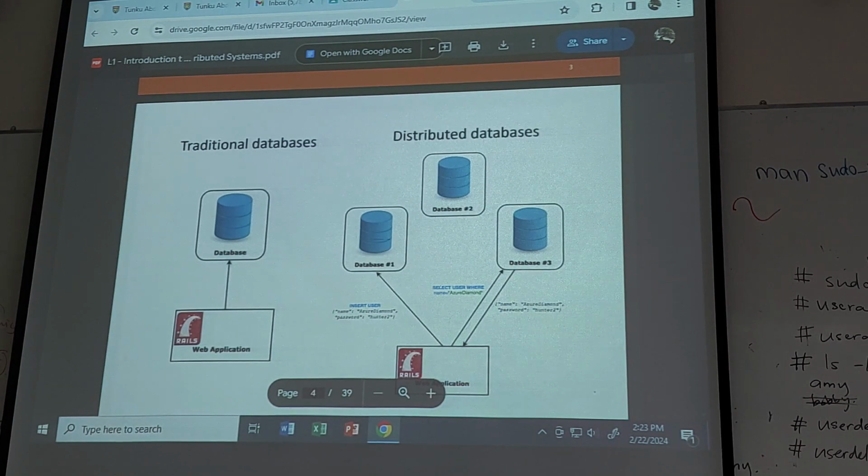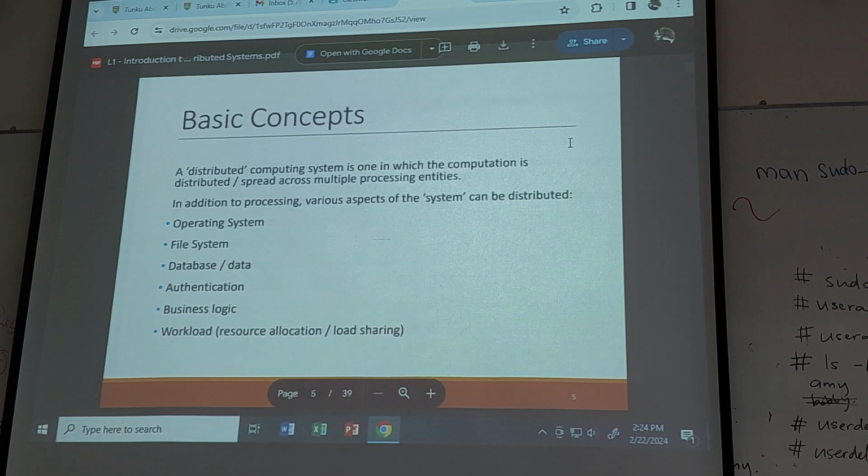Even though this is not parallel computing, a distributed system can achieve a similar effect as parallel computing, except that in a distributed system, the system does not necessarily reside in one computer, it can be in multiple servers. So this is the basic concept.